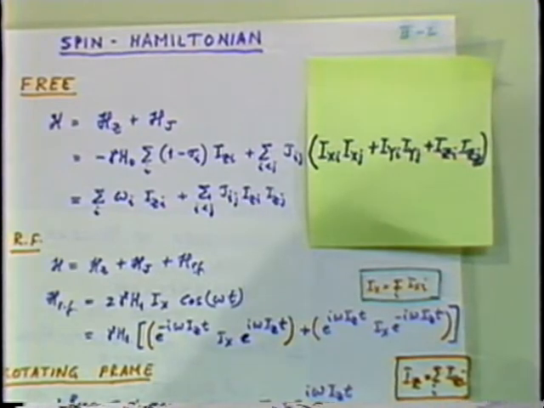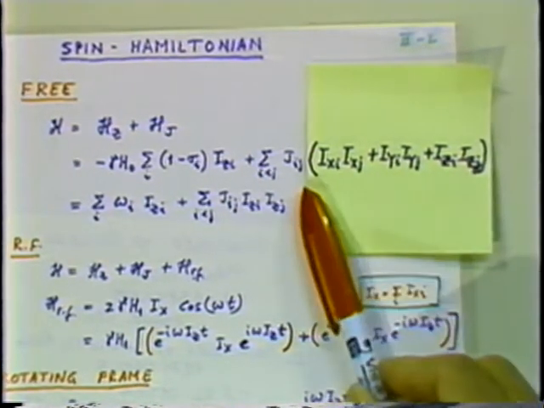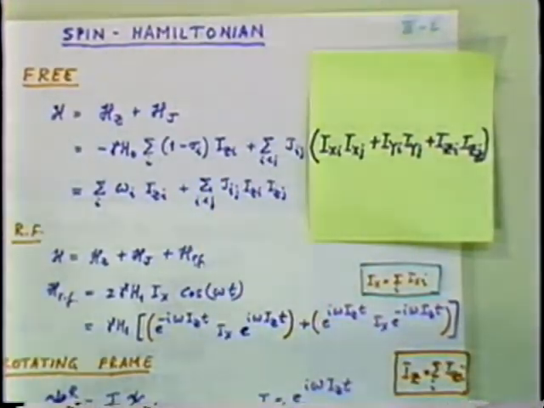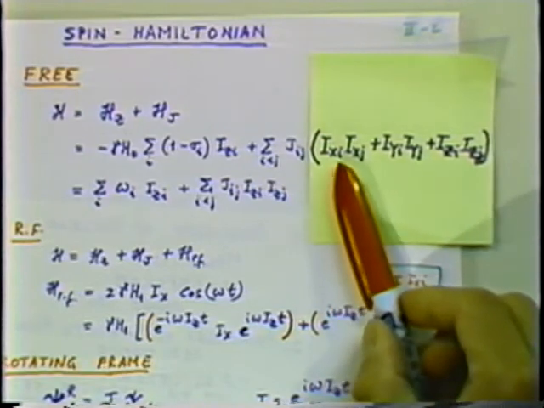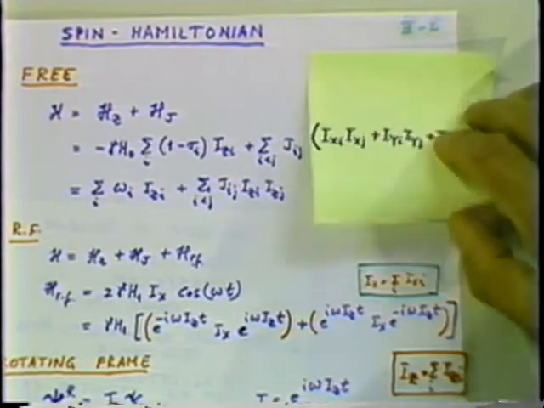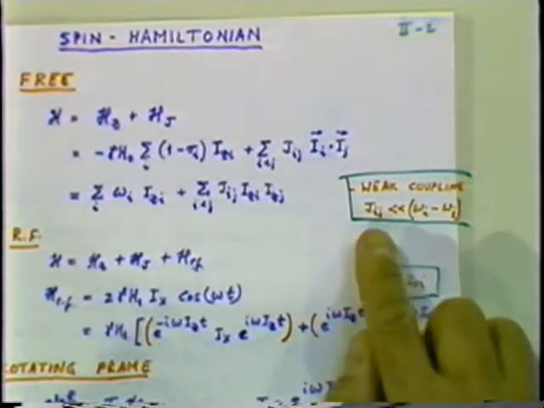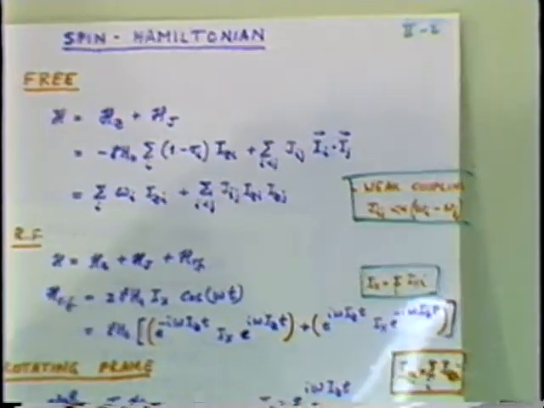We often make an approximation in the high resolution NMR spin Hamiltonian that we only retain the Z component of this term, because if the chemical shift difference between the two spins is large compared to the J coupling, then the mixing created by the X and Y terms can be neglected. That is called the weak coupling approximation, and that weak coupling is when Jij is much less than omega i minus omega j.